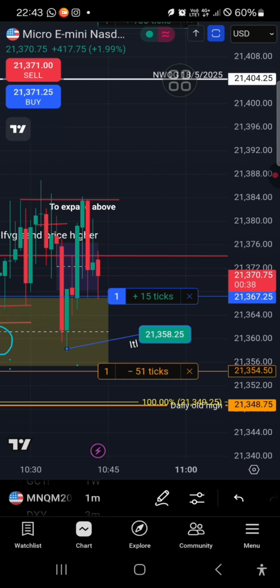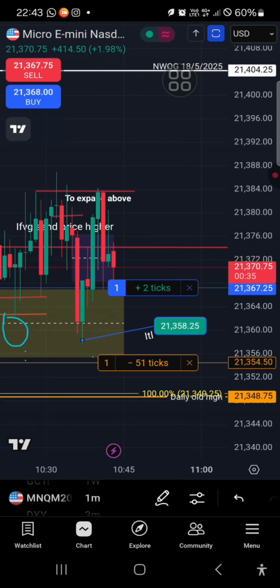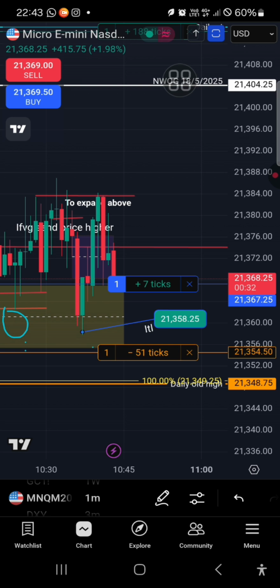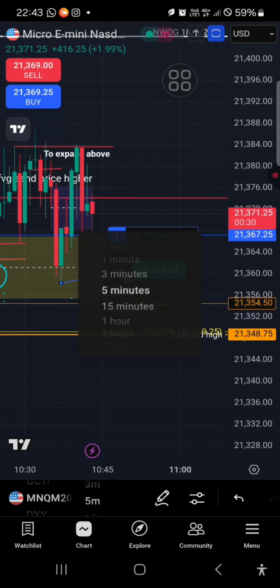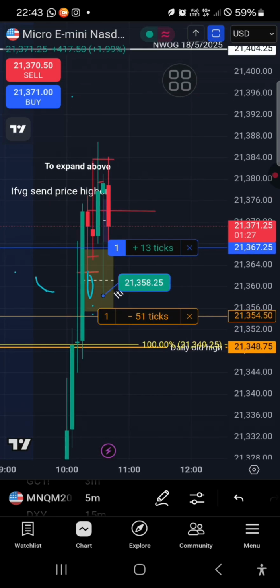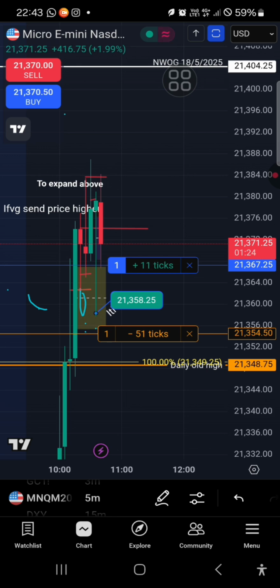Like I say, price is holding here. This is time distortion. And what time do we have macro? 10:50 AM. I'm expecting price to use the 10:50 AM macro to send price higher. If it doesn't do so, it's going to stop me out.